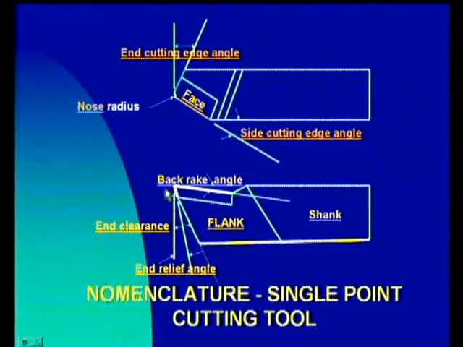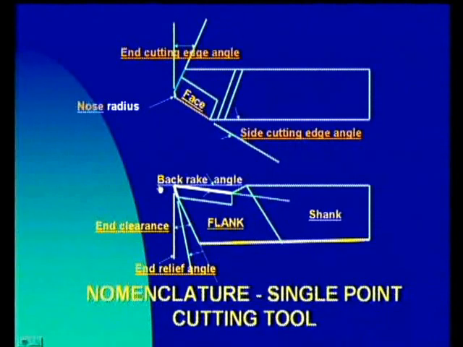So as the tool progressively goes in this direction, only the point will be in contact with the work all the time. Though it may have some height, all the height is not allowed to cut at a time.